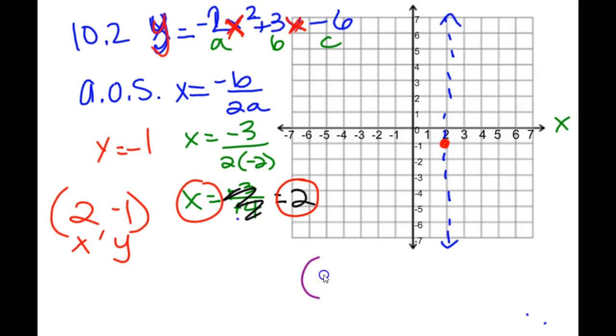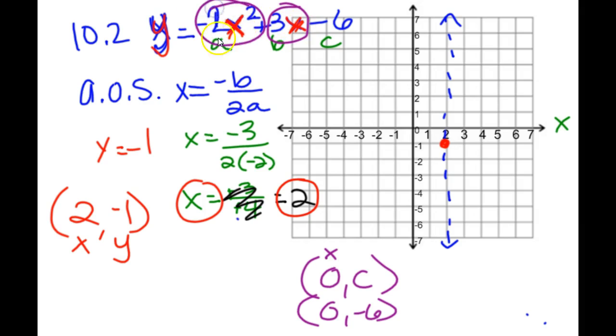And then our last point that we need to plot is (0, c), and c is negative 6. This means if I was to plug in x is 0, 0 times 3 is 0, this times 0 is still 0, so all we'd be left with is negative 6. So that's a point we can plot. Well, how far away is that from our axis of symmetry? It's 2 squares away. So we can go 2 on the other side and draw our graph.